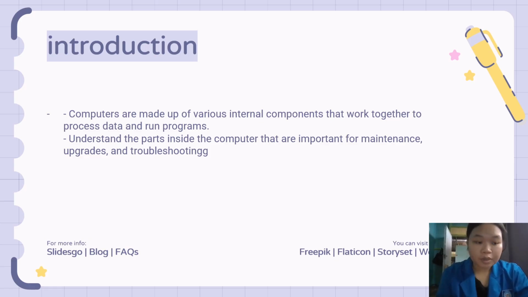Examples are the central processing unit, random access memory, and others. Second, understand the parts inside the computer that are important for maintenance, upgrade, and troubleshooting.